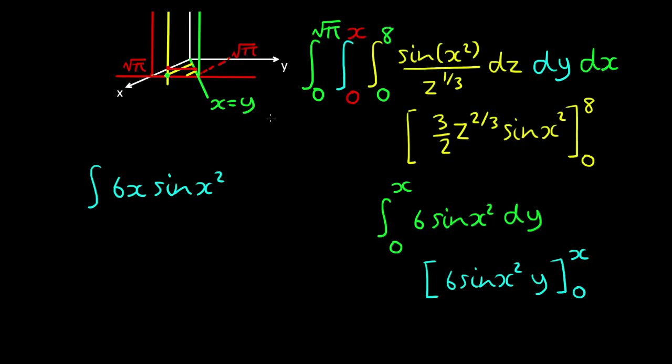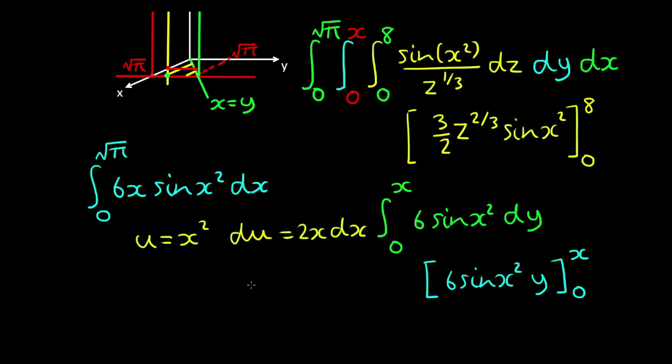And we integrate this result over x from x equals 0 to root pi. So using u substitution, we can now evaluate this integral. So setting u equal to x squared, du is 2x dx. So what we get is 6 on 2, which is 3, by the integral of sine u over u. And when x equals 0, u is equal to 0.